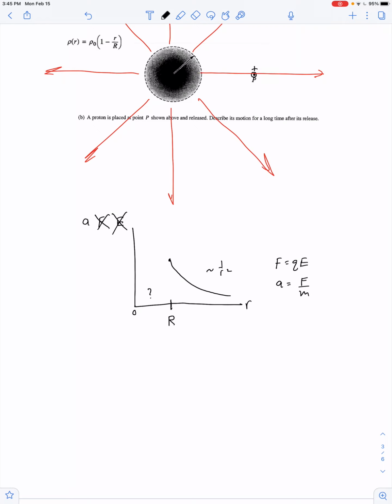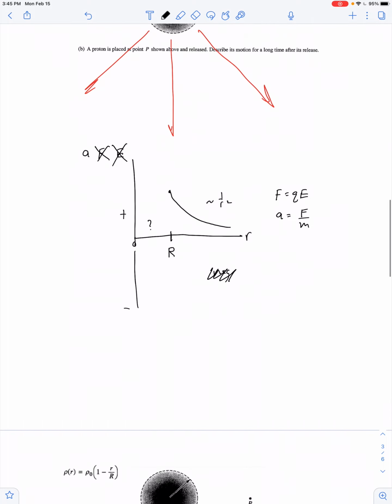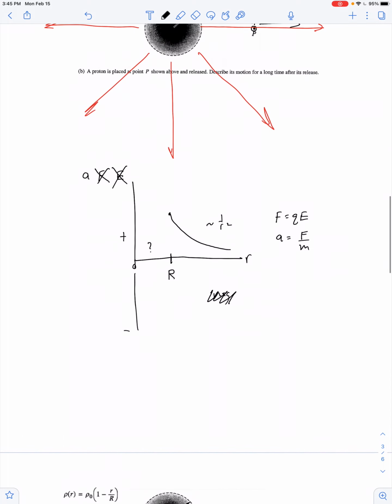So as the object is released and accelerates to the right, it will always have a positive acceleration. This graph is never going to venture into the negative portion of the graph, but the acceleration is becoming weaker and weaker and weaker.